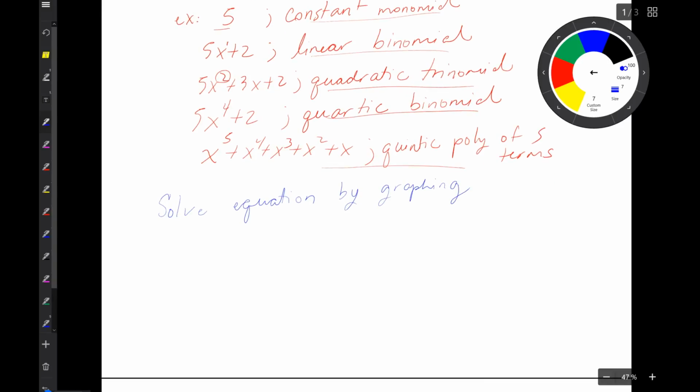Like if you're given something like negative x cubed minus 3x minus 2 equals 0. I know that I'm going to graph this. We're going to replace the 0 with a y so we can put it in on our calculator. But because we replaced 0 with y, we're going to be looking for where y equals 0.